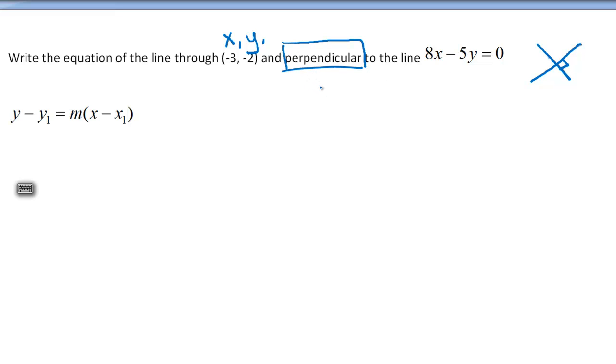So in particular, perpendicular means negative reciprocal slope. What this means is, if one slope is, say, 1/2, and this guy's positive, the other slope is negative. If this guy's negative, this guy's positive.